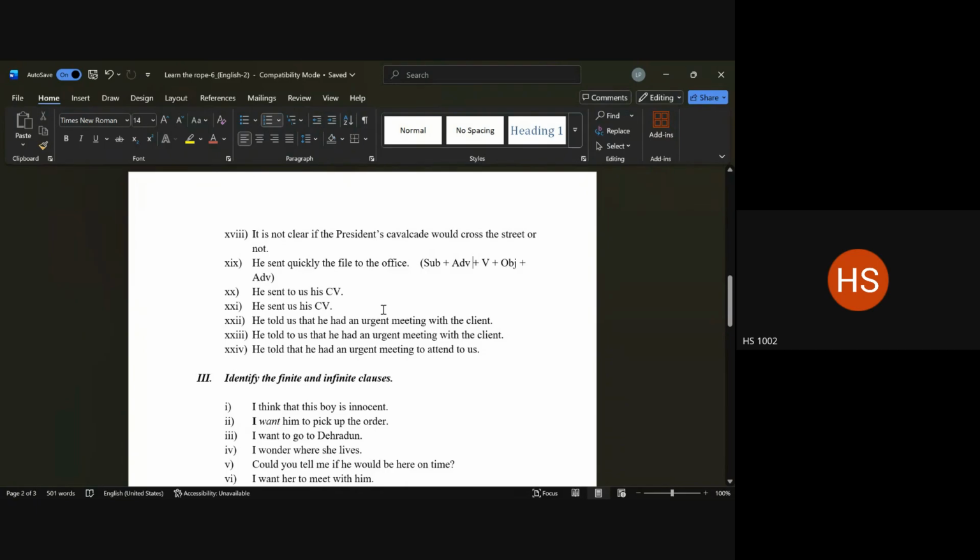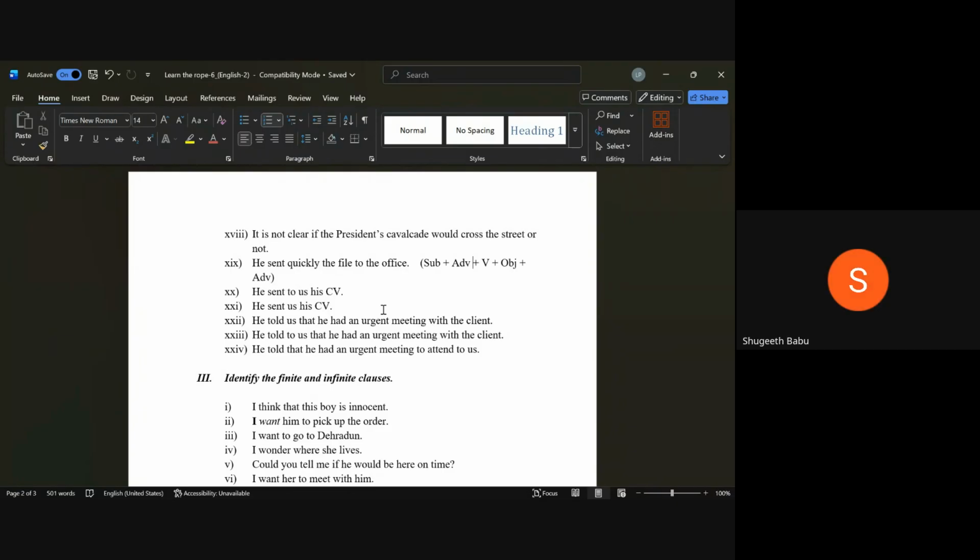So this is basically about the placement of the objects in a sentence. Because you have the verb send, which is a ditransitive verb, right? It can take two objects. So what is the direct object in this?